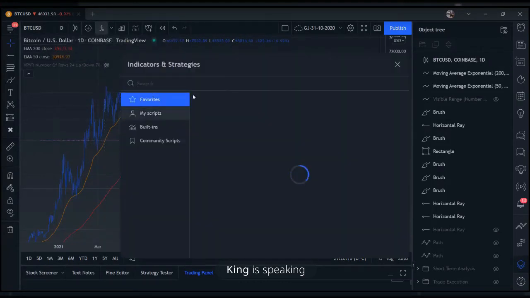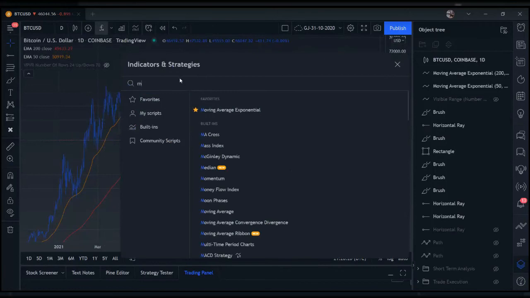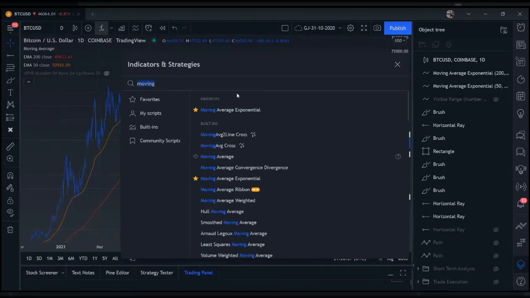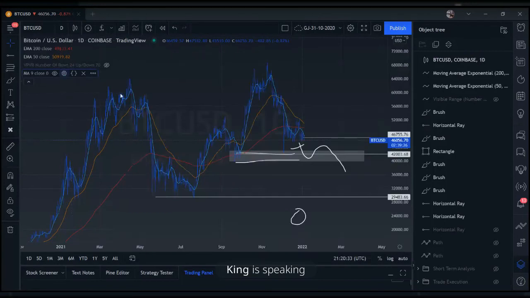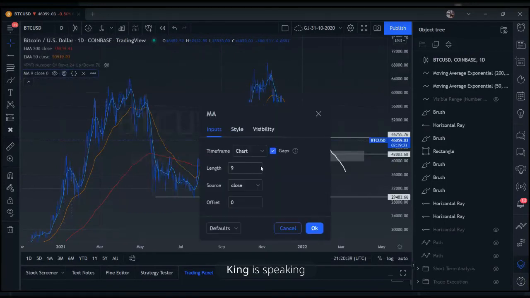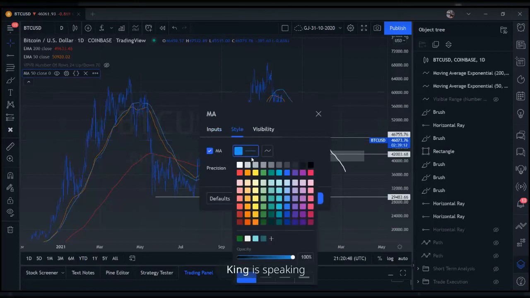Is it here? No, it's not. Moving average. Yeah, so let's just add a 50 MA and let's see if we can see the difference. So inputs, 50 close, so that should be the same, and change the color to white.